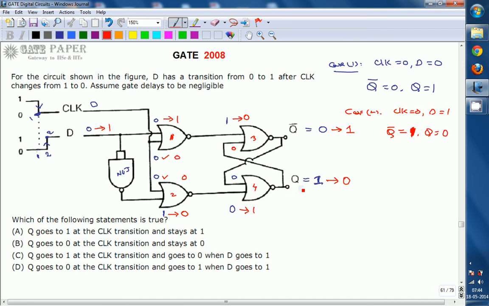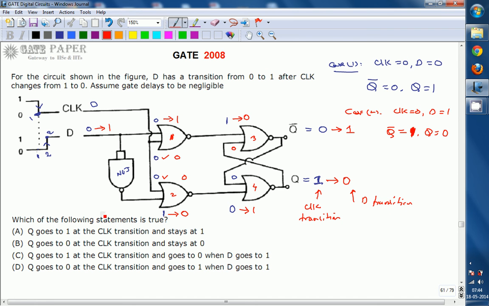So Q changes from 1 to 0; the 1 is because of the clock transition. At the clock transition the output is 1, and at the D transition the output goes to 0.